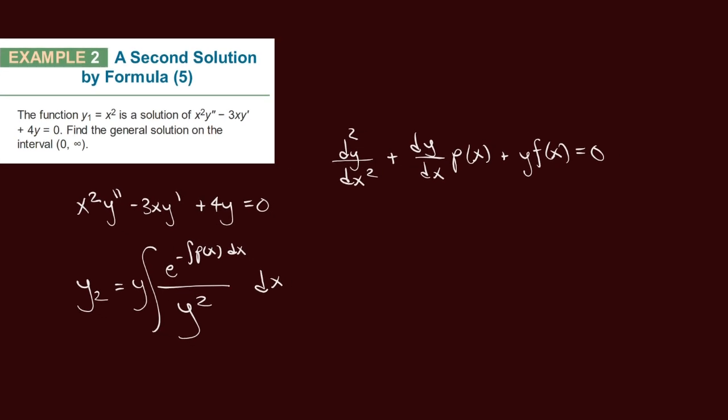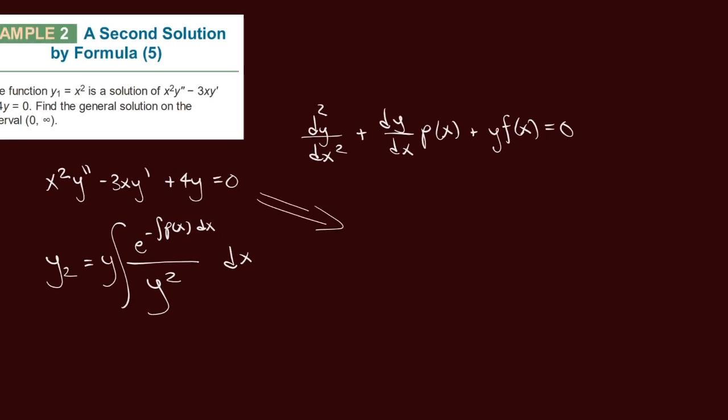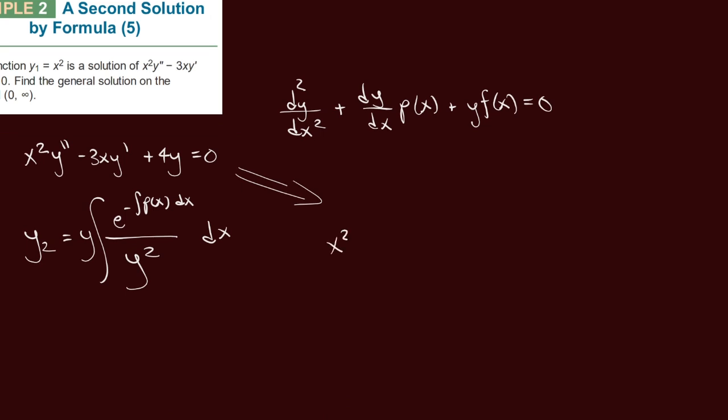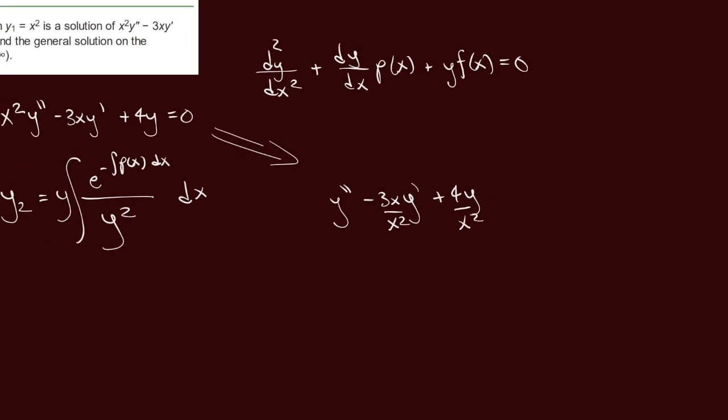So first thing, let's take care of this: x squared y double prime minus 3xy prime plus 4y. So divide everything by x squared. So there'll be x squared here, x squared here. And now our y is actually going to be equal to whatever is being divided, so it's going to be x squared.